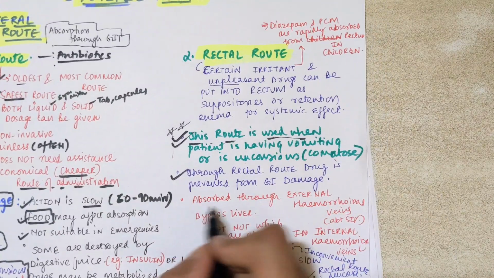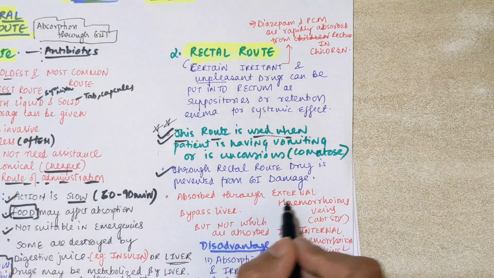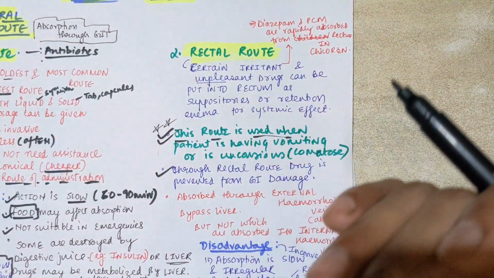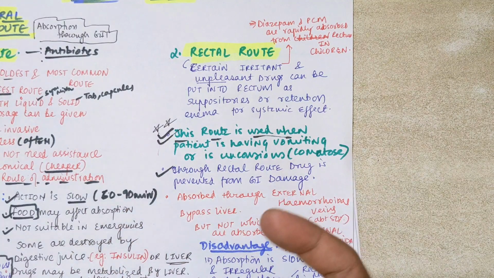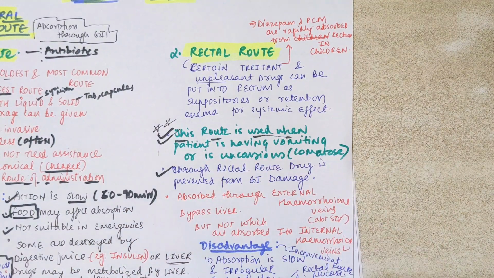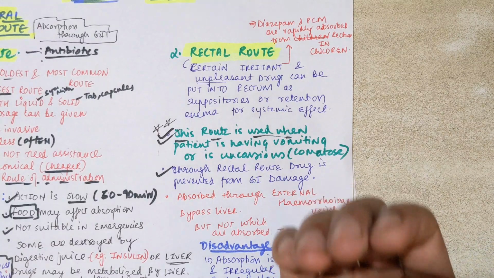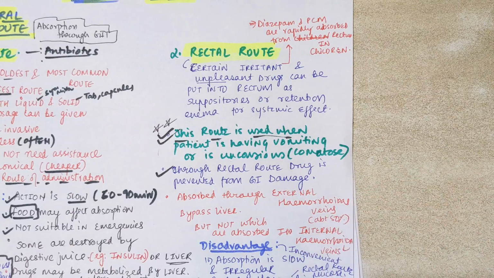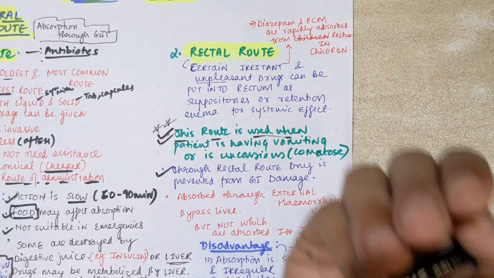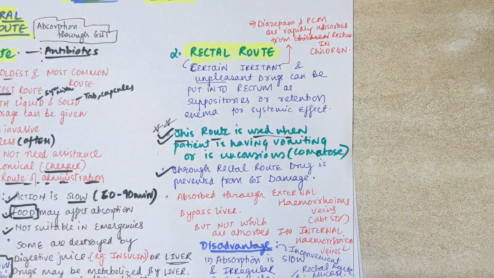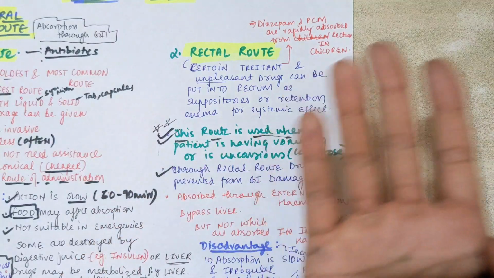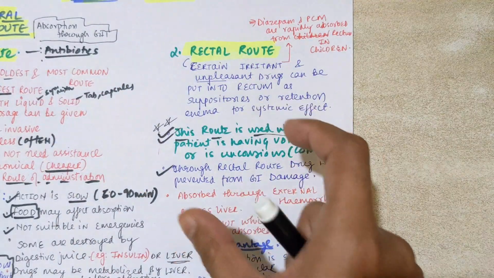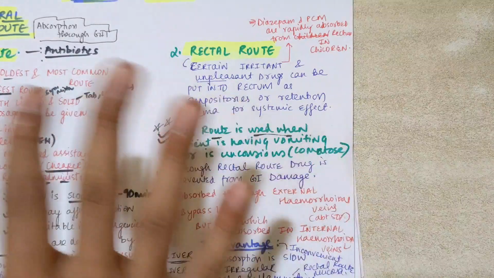Another point is that if we give the drug through the rectal route, it is absorbed through two veins in the rectum, the external hemorrhoidal veins and the internal hemorrhoidal veins. The concept behind the external hemorrhoidal vein is that it bypasses the liver. About 50% of the drug bypasses the liver and doesn't go inside the liver, so there is no first pass metabolism, or clearance of the drugs by the enzymes of the liver, which would clear some part of the drugs.